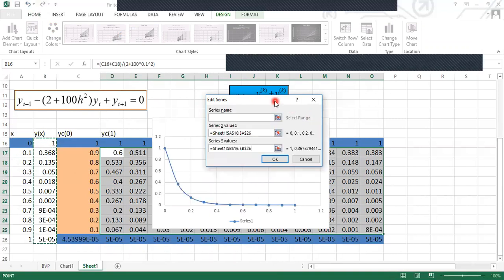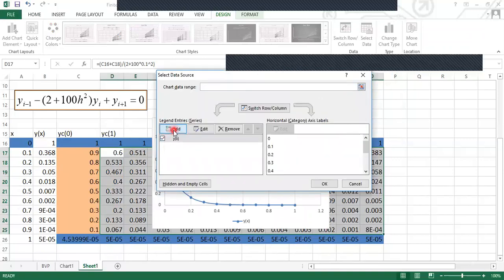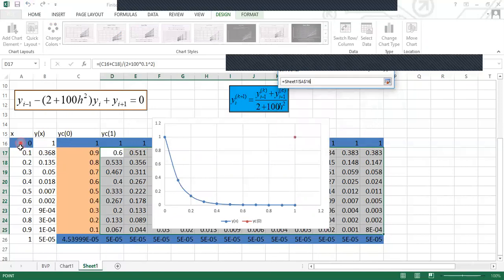So the exact solution has appeared. This should be the y of x. The next series should be the y computed at the 0th iteration, x values, and then y values, which is the starting initial guess value.